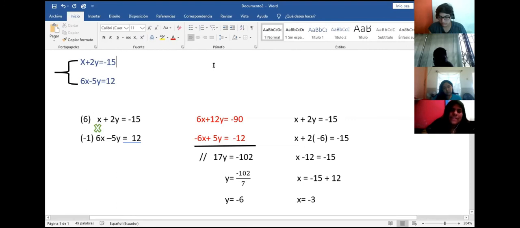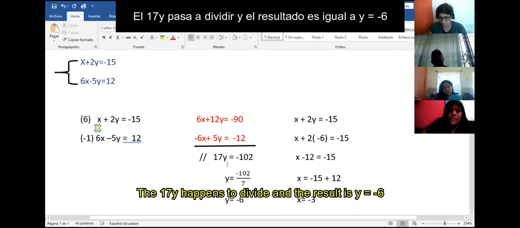6x less 6x is equal 0. 12y plus 5y is equal 17y, and less 19 plus less 12 is equal less 102. The 17y happens to divide, and the result is y is equal to less 6.